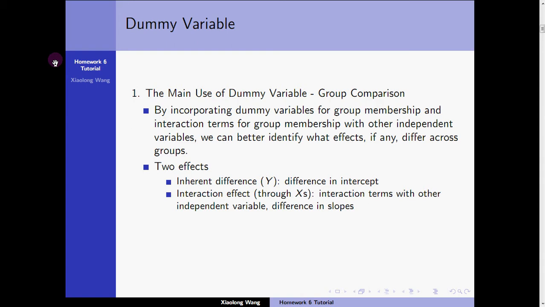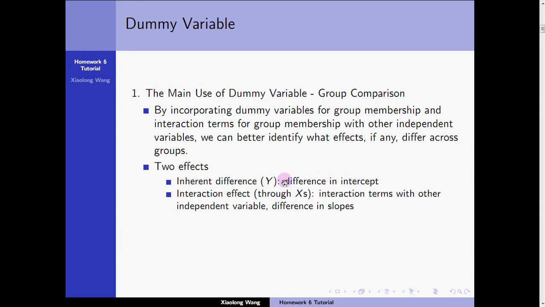So we may capture this inherent difference between men's earning and women's earning by using a dummy variable to measure the difference in an intercept. So if men has a higher intercept, it means on average men will earn more money than women.